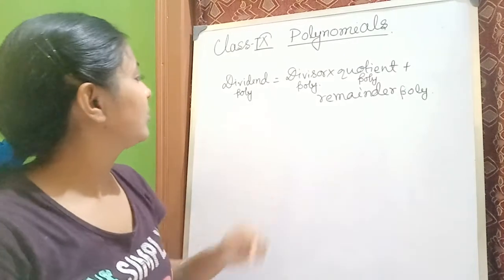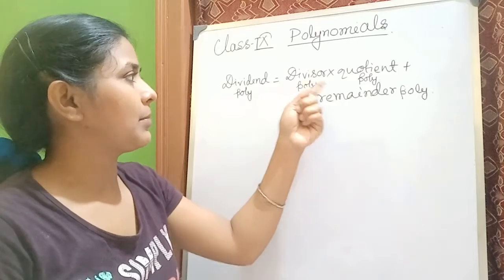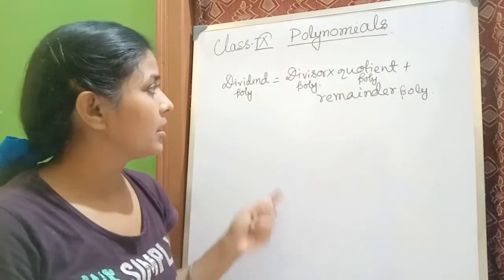So let's continue. Dividend polynomial equals divisor polynomial into quotient polynomial plus remainder polynomial.